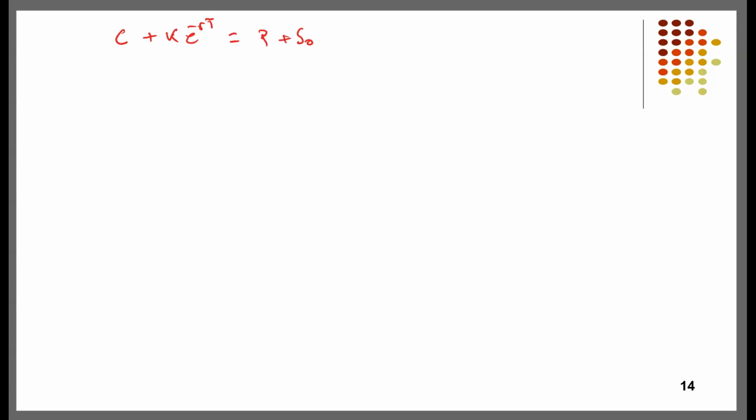We know what the call option price is, and we can solve for the put. In this case, the put is simply equal to the call plus the present value of the strike minus the stock. If we substitute the values, what are we going to get?